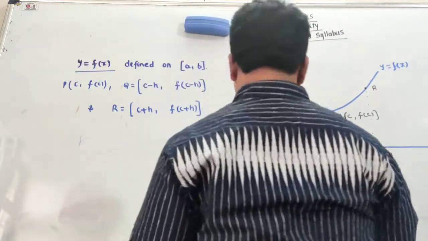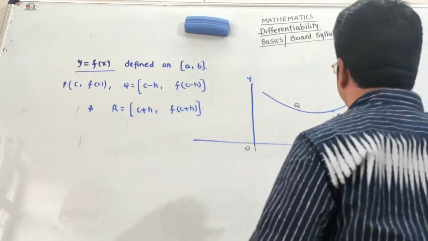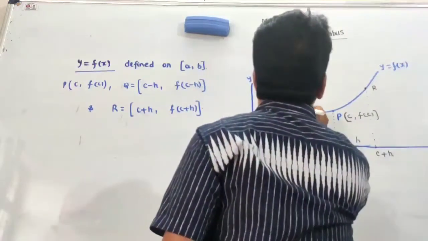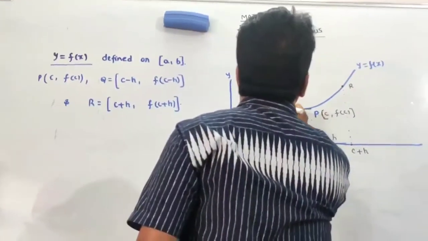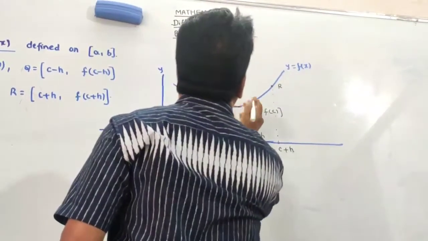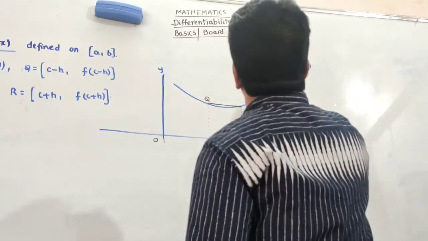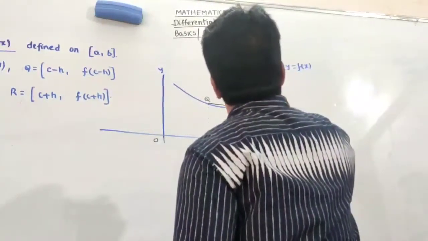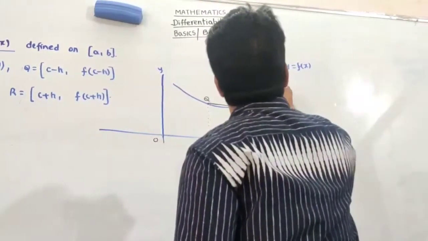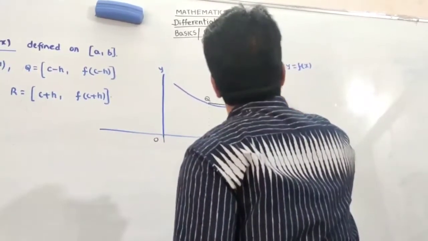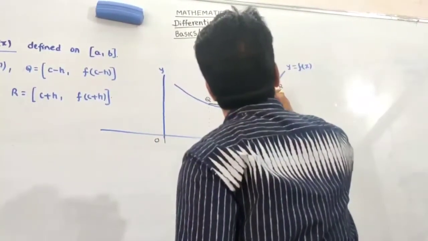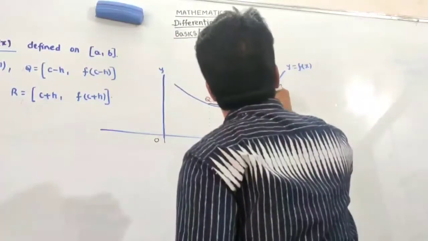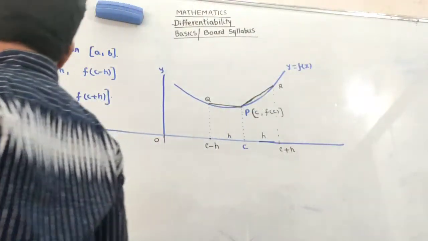Later we can join like that. This is PQ chord. Next, it is also PR chord, one more chord.